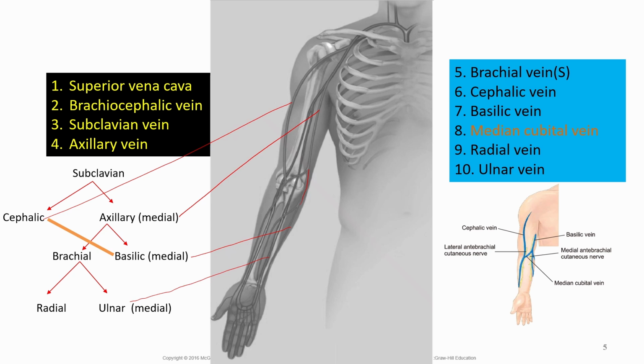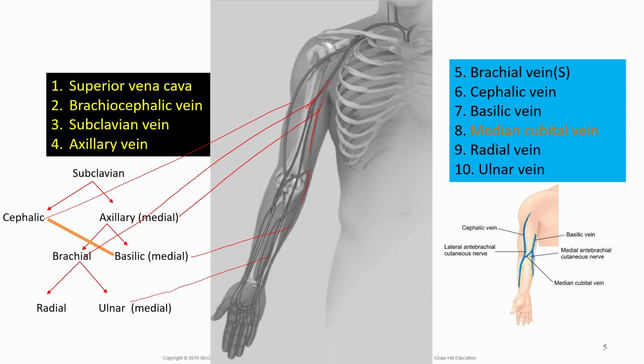When I say axillary, this is around where the axillary is, and it branches into the brachial vein. This is the biceps brachii. So it branches into the brachial vein, so this is going to be my brachial vein. And then the axillary continues down here and ultimately becomes the basilic vein.